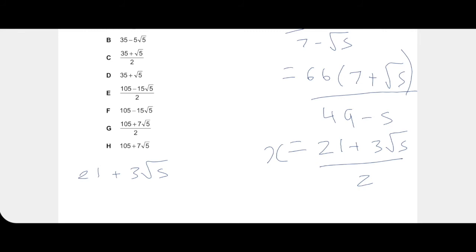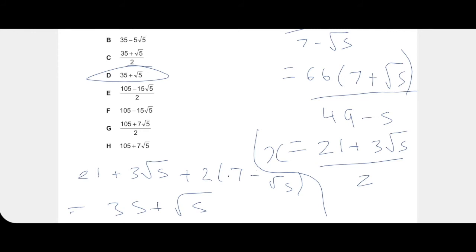And we want the other length, 2 lengths, 2 open bracket 7 minus root 5. That is all equal to 35 plus root 5. And therefore, our answer to this question number 16 is D.